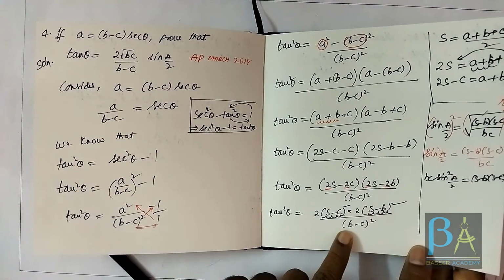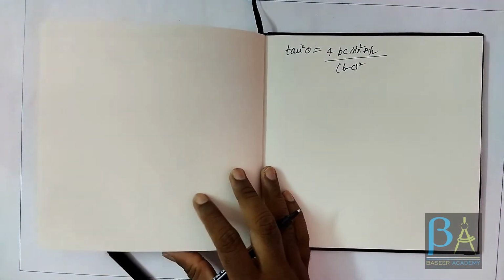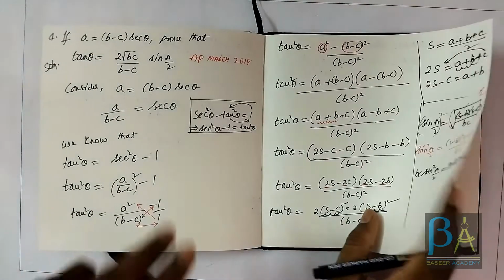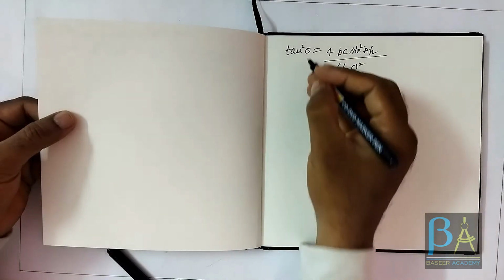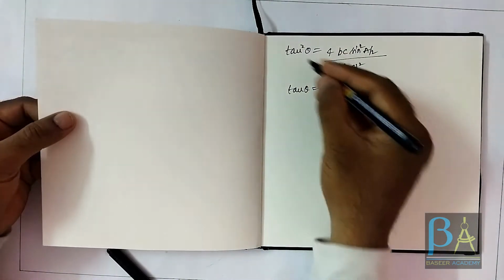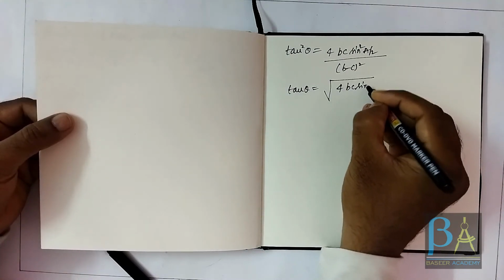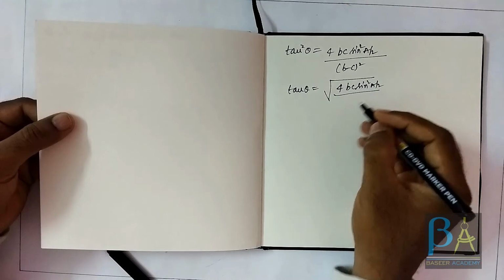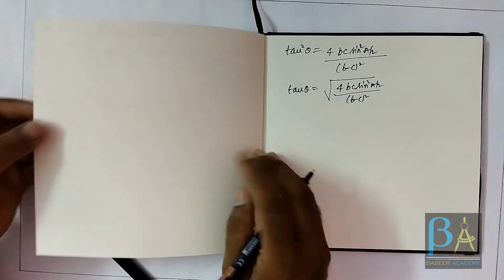And then in the denominator b minus c whole square, I'm going to write it as it is. Now, I was supposed to get the value of tan theta, not tan square theta. So let me transpose the square to the right hand side. Square becomes square root on the right hand side, isn't it? Now what happens?